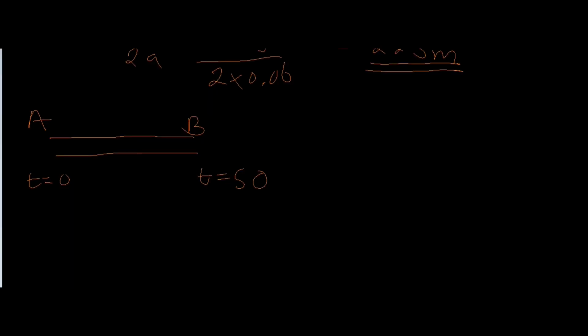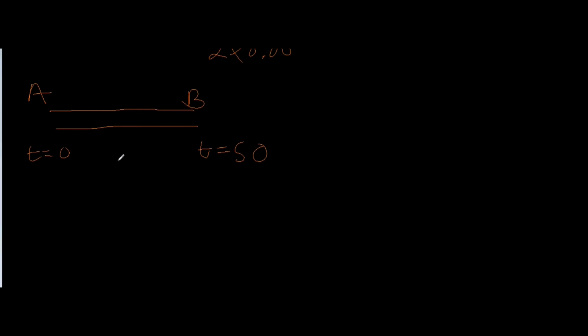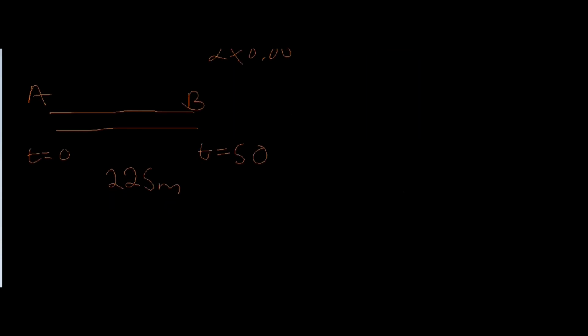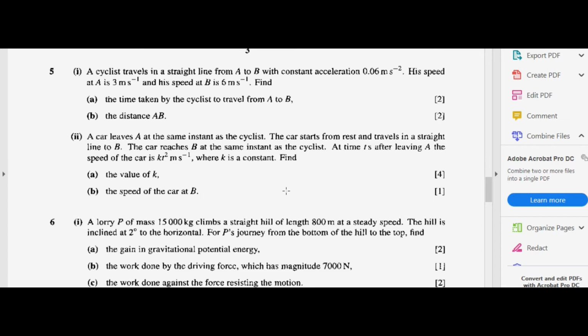What else do we know? Well, we've just calculated that the distance AB is 225 meters. In other words, when the car is over here, its displacement from A is going to be 225 meters, because the car is going to travel 225 meters from A to get to B, just as we've calculated in the previous part.